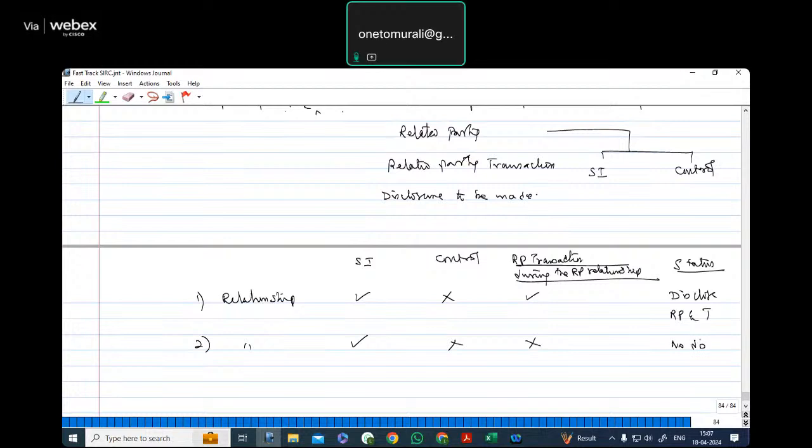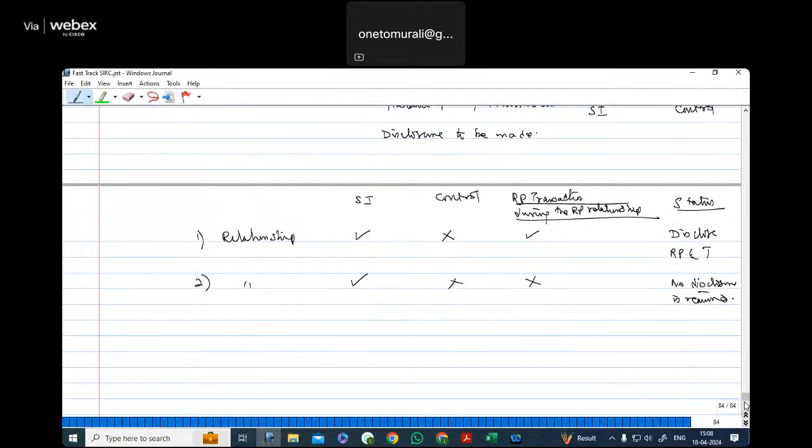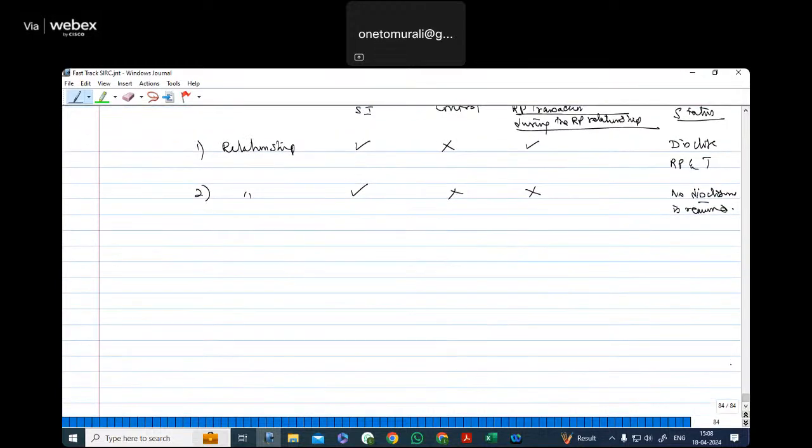No disclosure is required. Why? When you have a related party relationship under significant influence with no transaction, nothing is expected to be disclosed. So that is the reason why I thought we will separate all this.